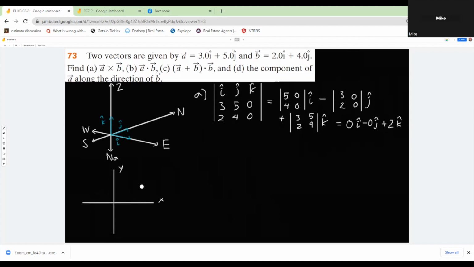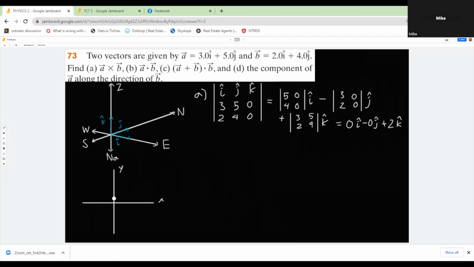Hindi ba po kailangan ng scale? Kasi we're not doing letter B yet. Gusto ko lang makita yung may alternative computation yan eh. So, ano yung vector A dyan? So, 3, 5. So, ano yun?